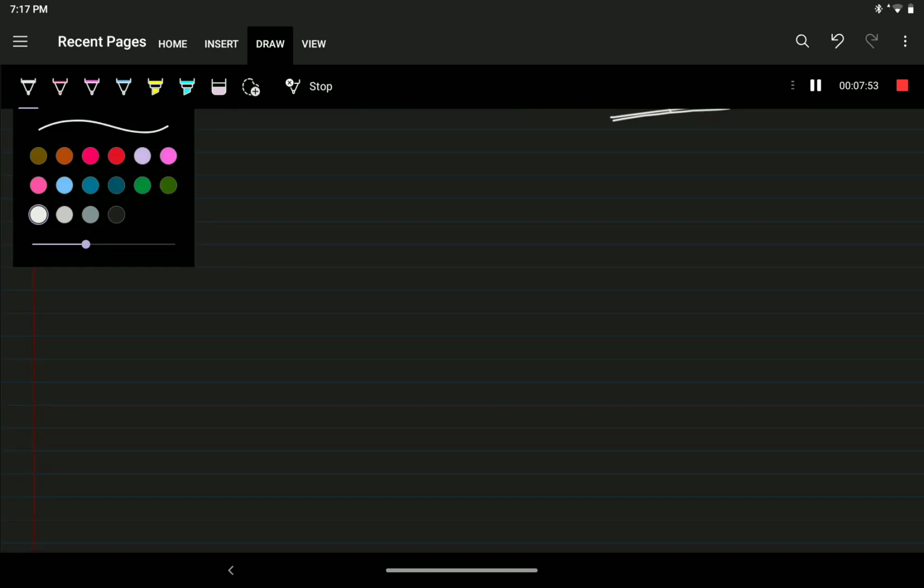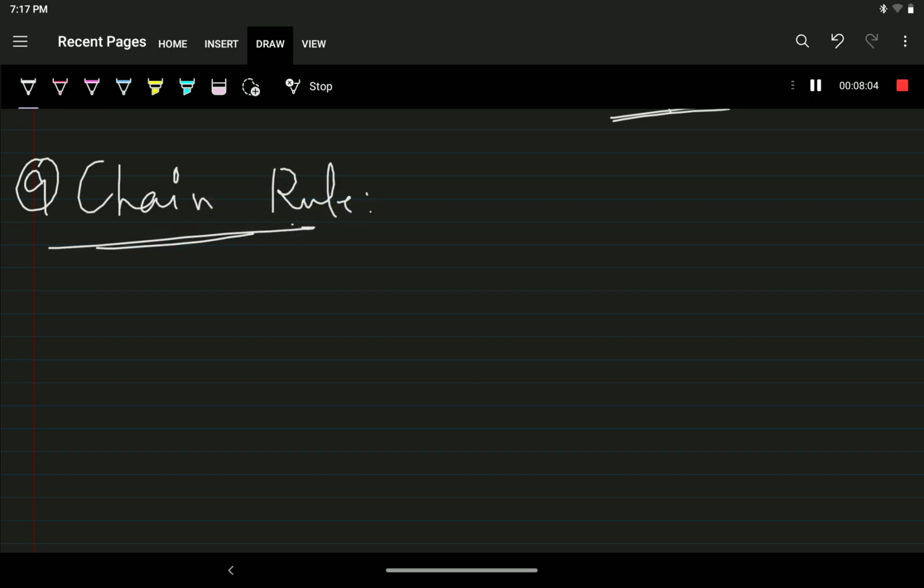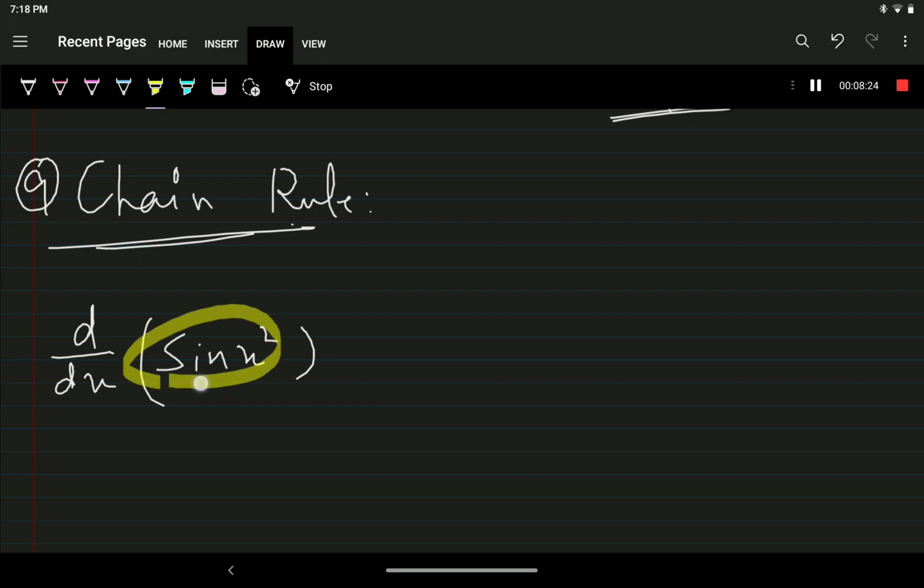Like suppose we have to differentiate d/dx of sine x squared. So how will we do it, because we know the differentiation of sine x, but we don't know the differentiation of sine x squared.